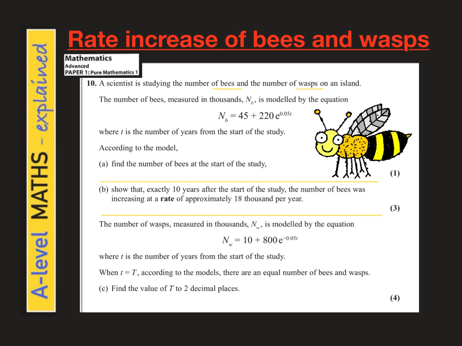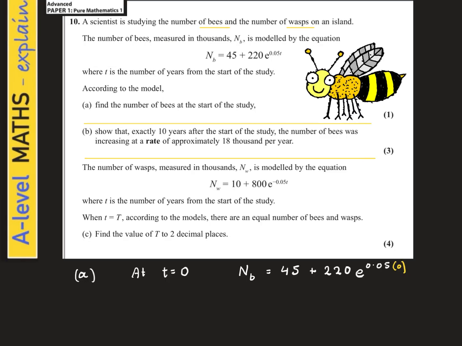So we just substitute time 0, and the 0 is in the power, so that will make it e to the power of 0, and you should know that that will be equal to 1.